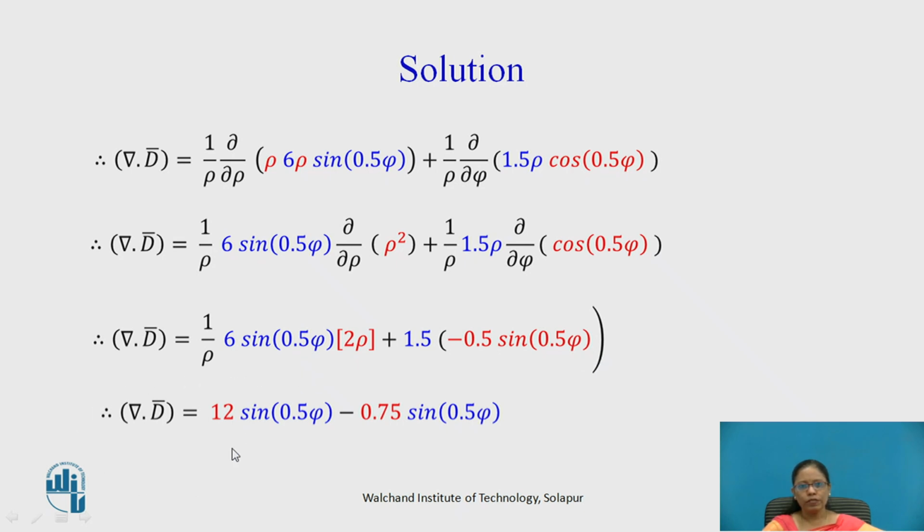Then this comes to be 12 sine 0.5 phi, because 6 into 2 is 12. This rho cancels out with this rho, so it comes to be 12 sine 0.5 phi as it is. Here 1.5 into 0.5 will give me minus 0.75, minus sign because there is minus with 0.5, and sine 0.5 phi as it is. This is only del dot D bar, still we have not calculated the RHS.